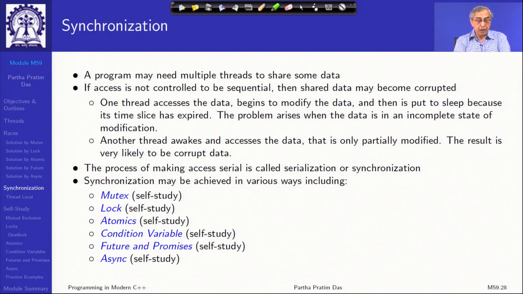This process of making access serial is called serialization or synchronization, and there are several ways of doing that. Except for condition variable, which is particularly used for deadlock prevention, all the other 5 we have seen examples of, and at the end I have given a self study module for you to go through each one of them, with sample programs attached.